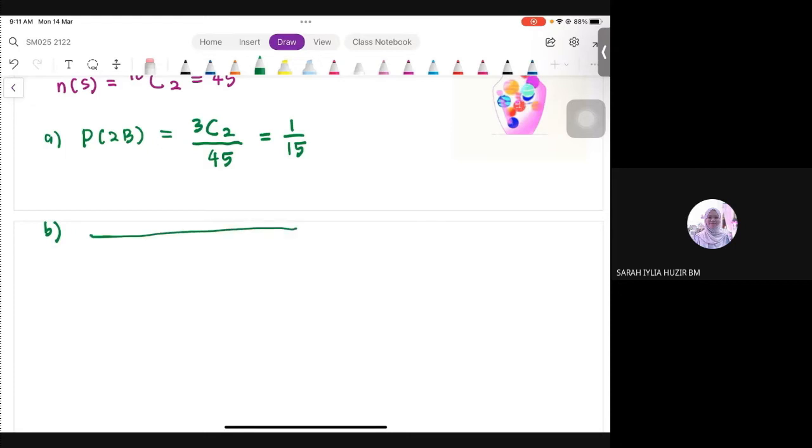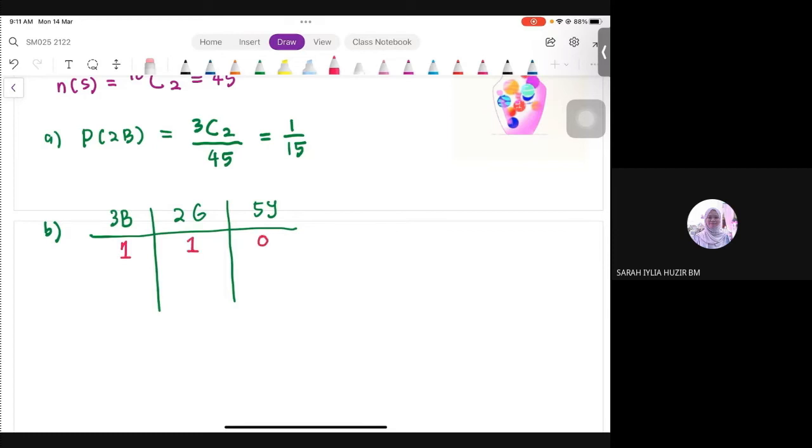so that kita takkan tertinggal case. Okay, so kita ada tadi 3 blue marbles, 2 green marbles, and then last one 5 yellow marbles. So awak boleh buat apa-apa arrangement as long as kita pilih 2 color yang berbeza. So first option, saya boleh pilih 1 blue, 1 green.